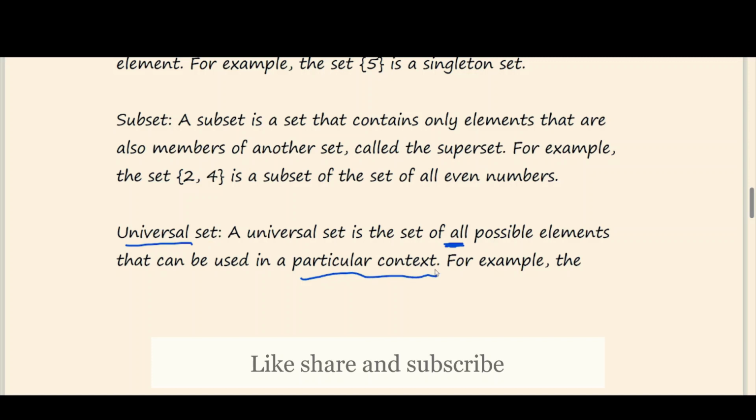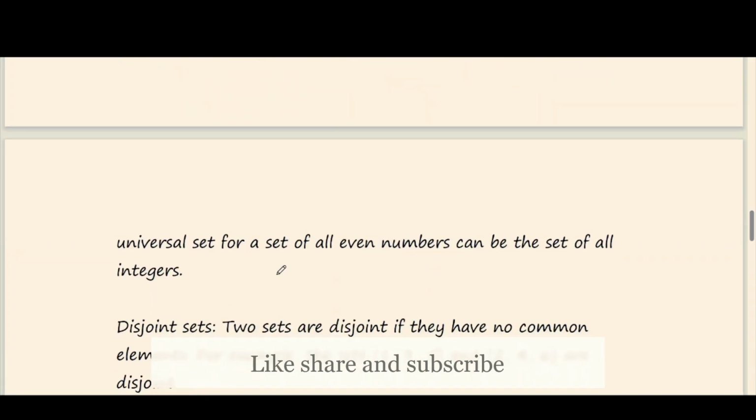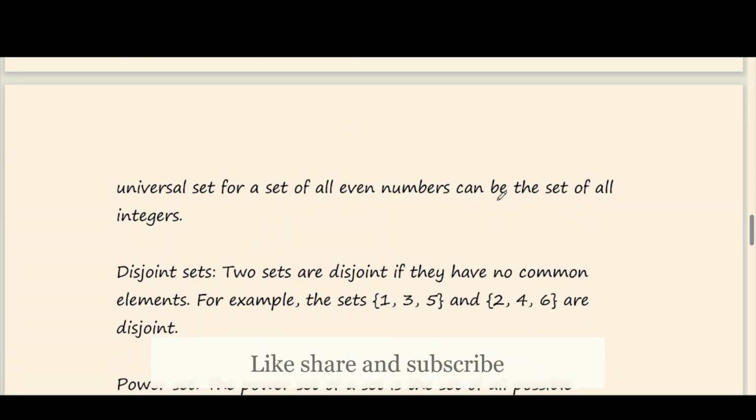It can be the set of all students in a particular class, the set of all alphabets, or the set of any elements in a particular context. All the elements are considered in a universal set. For example, the universal set of all even numbers can be the set of all integers.